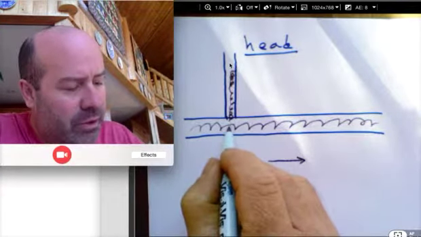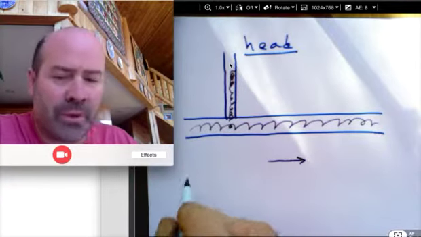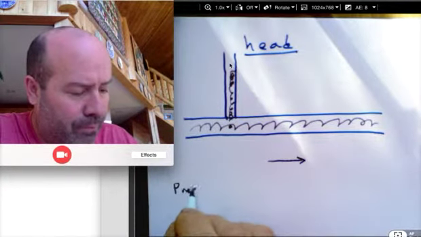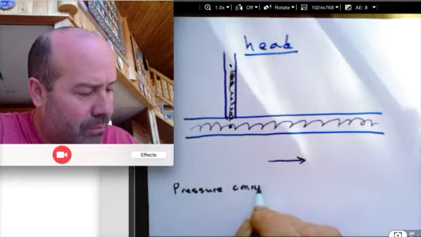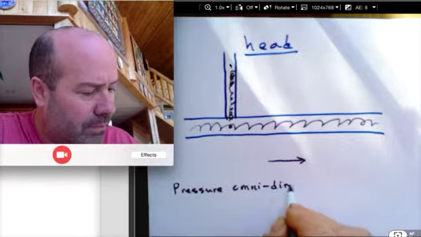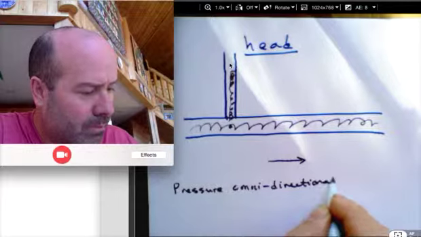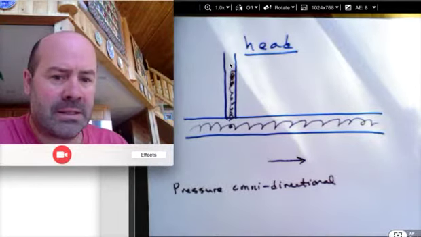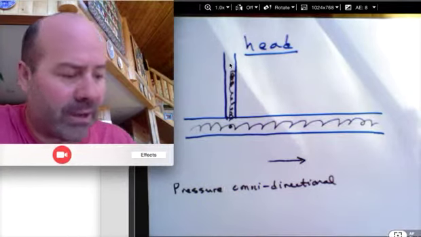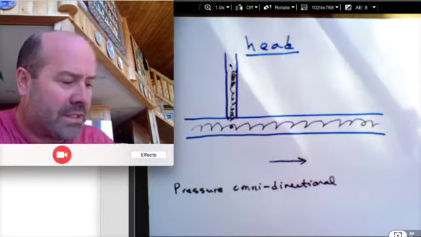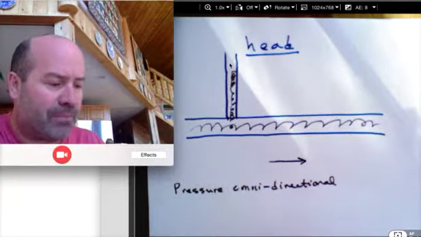See, there's pressure. Pressure is something that we call omnidirectional. That means, and this is a specific kind of pressure, it's called static pressure. But that means it's the same in all directions.